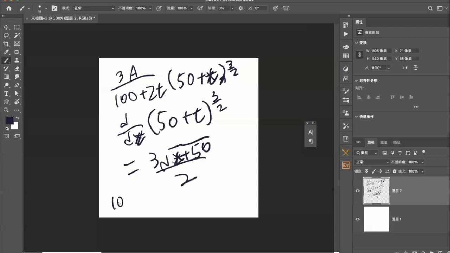And then 100 plus 2t was equal to 2 times 15 plus t.